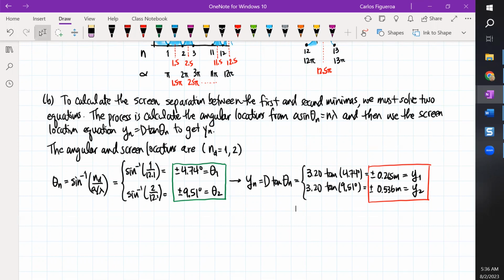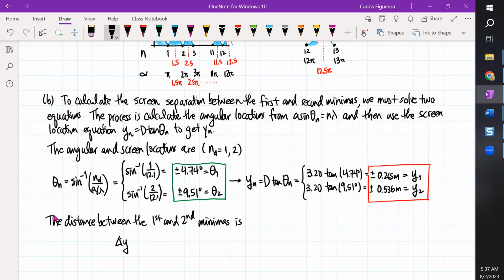So now what we can do is that the distance between the first and second minima is then going to be delta y, which will then be y2 minus y1, which will be 0.536 minus 0.265.